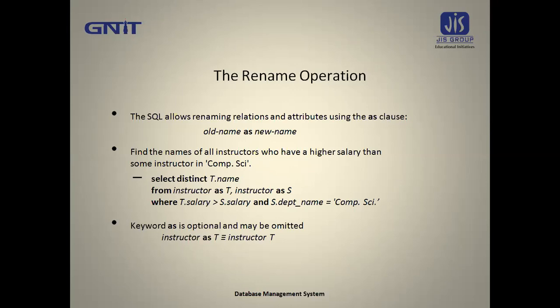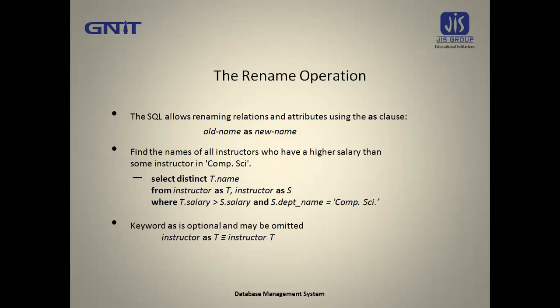Okay, so first, for the S relation, only those instructors who belong to the computer science department will be selected. So in the instructor relation named S, you will have fewer records, of only those instructors who belong to the computer science department. And in the capital T relation, you will have the records of all the instructors.